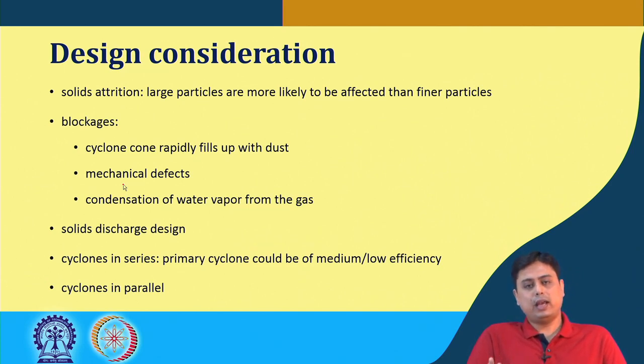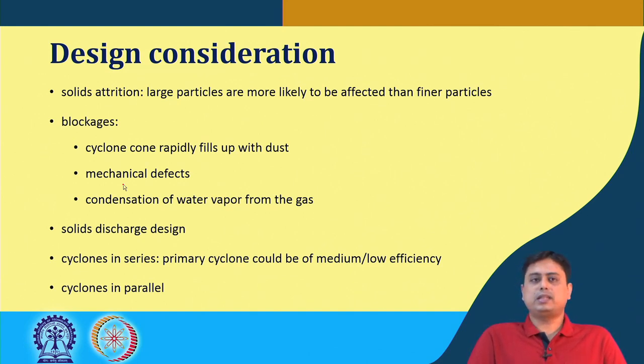If you remember the pressure drop versus flow rate curve along with the efficiency curve, there was an appropriate operation zone, and theoretically although it should increase the efficiency, practically the efficiency sharply falls. So, this has to be clearly kept in mind.